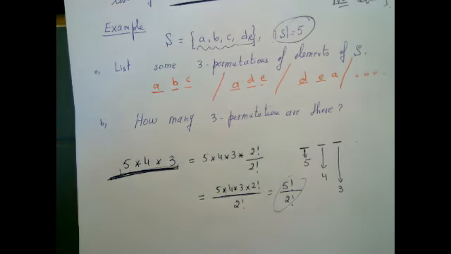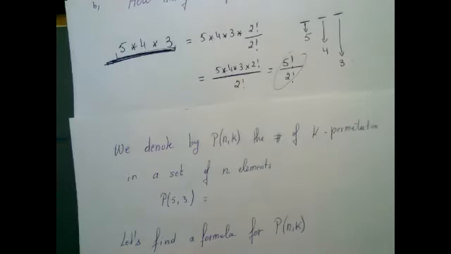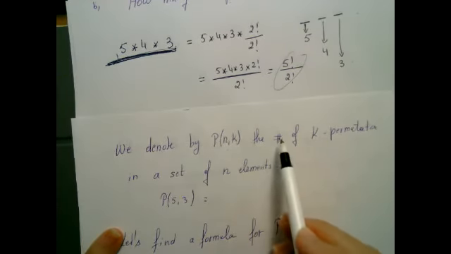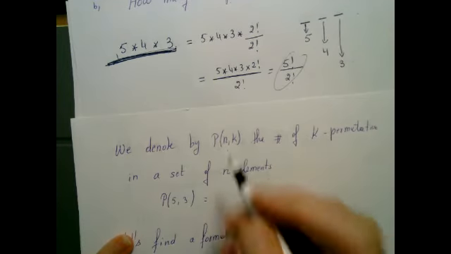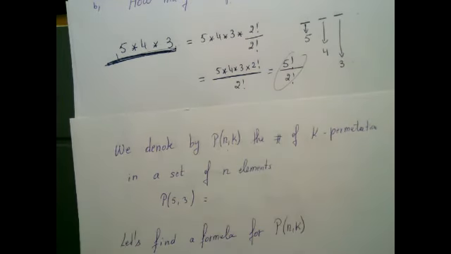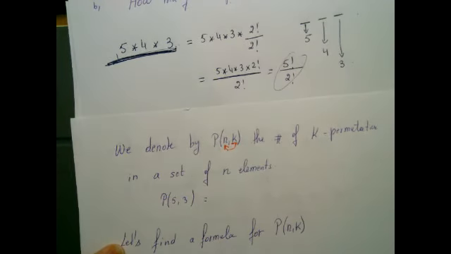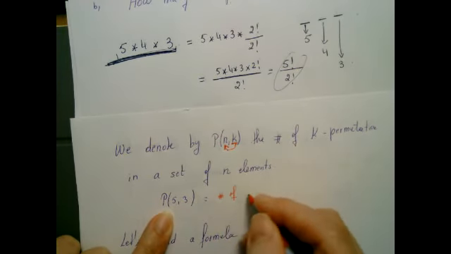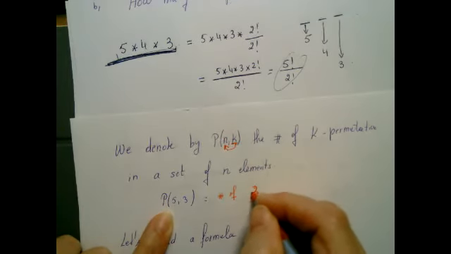So now I will introduce the first notation for permutation. We will denote by P(n, K) the number of K permutations in a set of n elements. K represents the length of the list, and n represents how many elements we are rearranging. So P(5, 3) represents the number of 3 permutations.